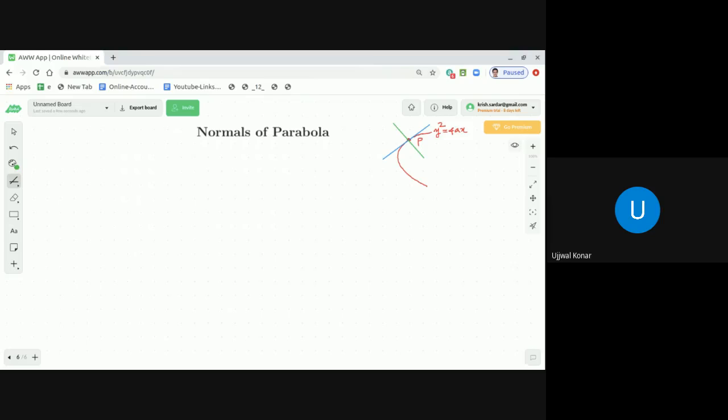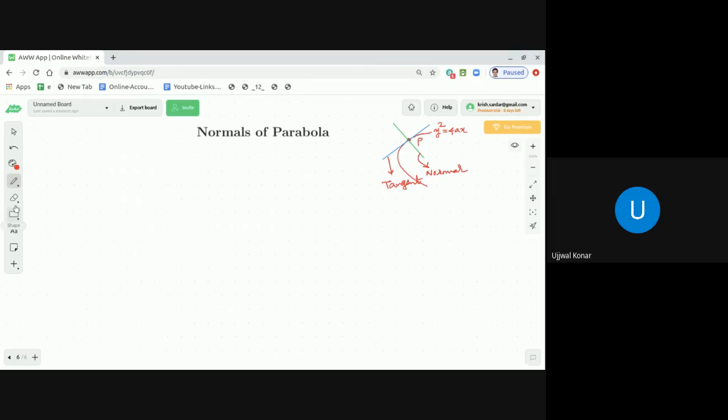So what I said, dear students, is that if this is the tangent, so this is tangent and this is actually normal.